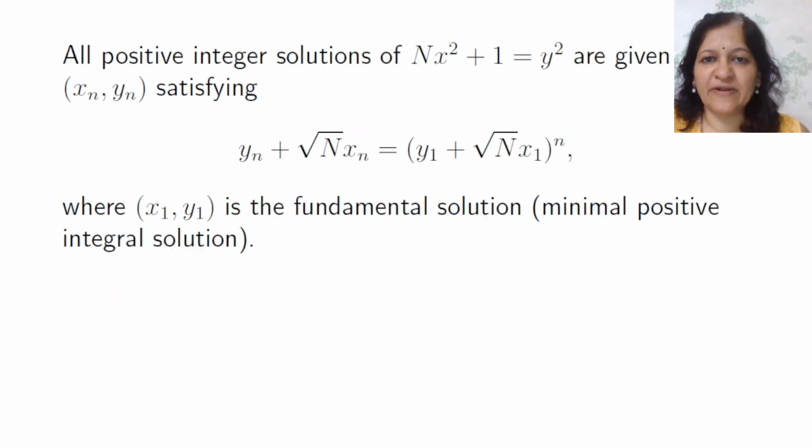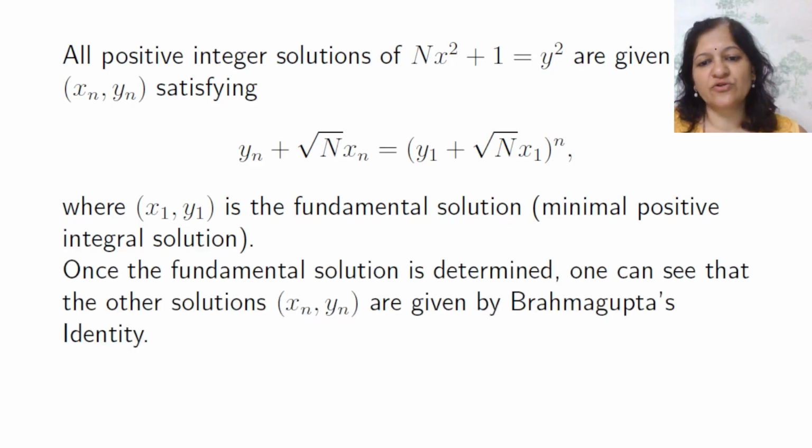Now let us see one application. All positive integer solutions of nx² + 1 = y² are given by (xₙ, yₙ) satisfying yₙ + √n xₙ = (y₁ + √n x₁)ⁿ, where (x₁, y₁) is the fundamental solution. That means that it is the minimal positive integral solution.